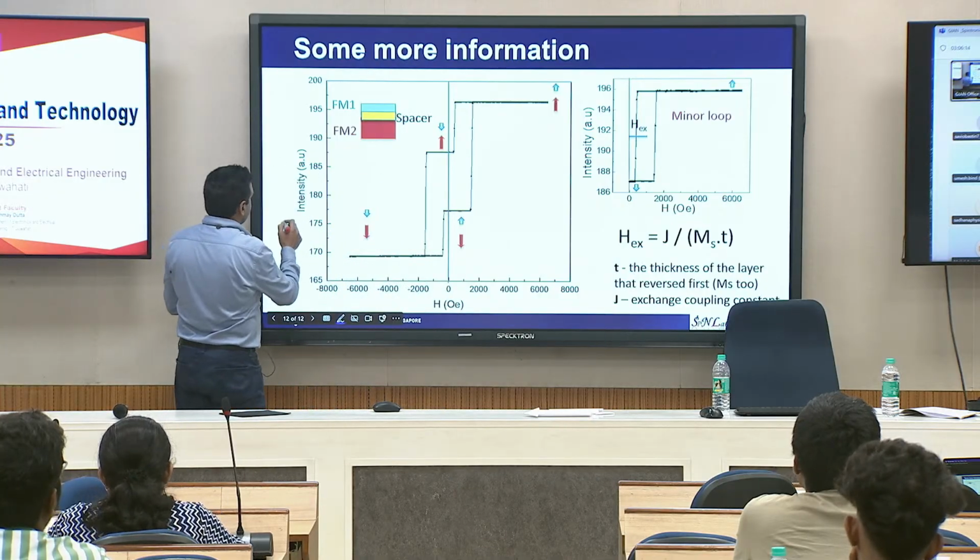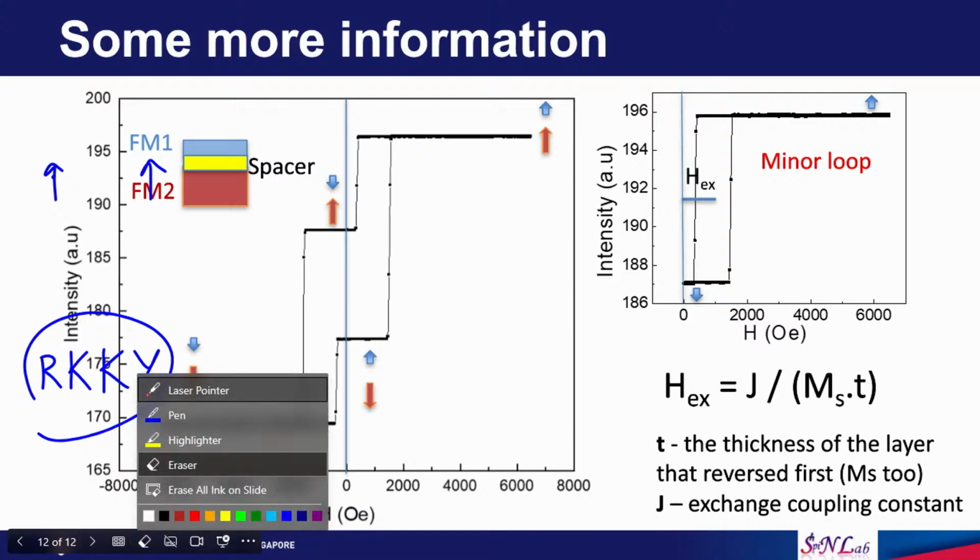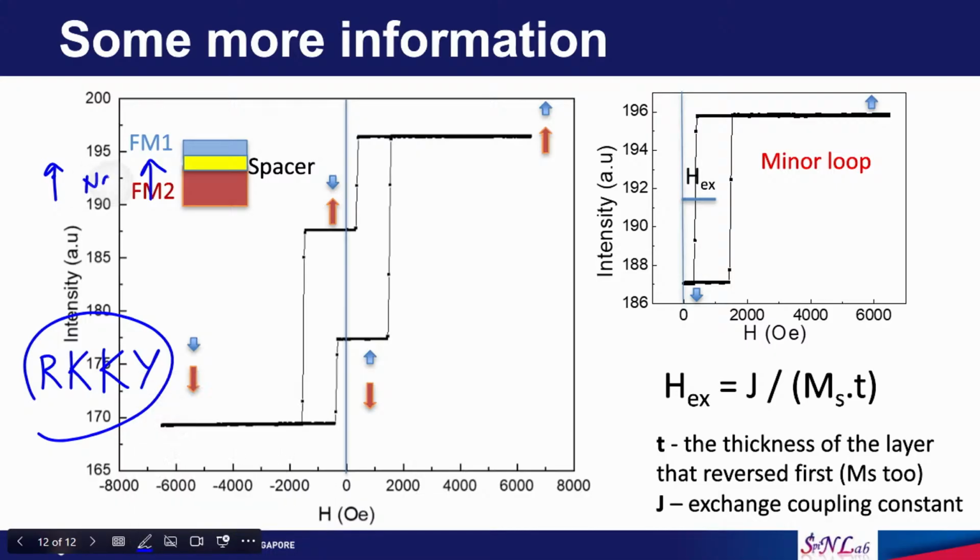Long ago, there was a theory called RKKY. This theory is from four scientists, Ruderman, Kittel, Kasuya, and Yosida. They proposed that if you have some spins mediated by some non-magnetic material, through some non-magnetic layer they can still have some interaction.